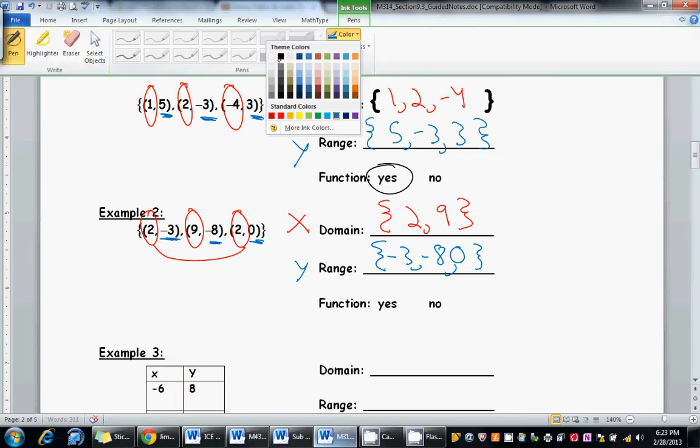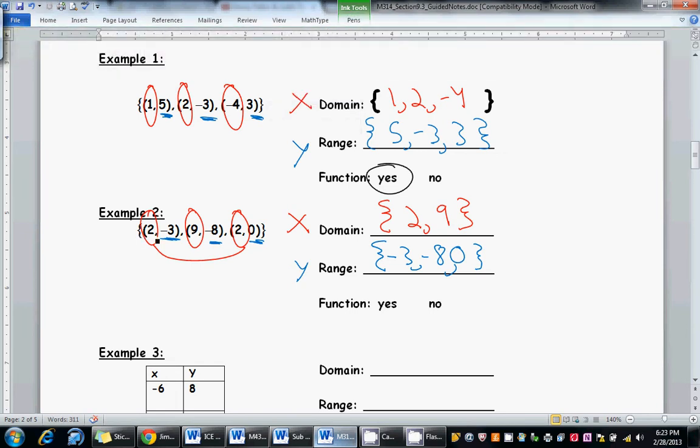Now, is this a function? Okay, the answer here is no. And I'll explain why. Remember, the definition of a function we wrote on the first page was that for every one input, I have exactly one output. So when I input 2 into this function, I got (2, -3), which was the first point here.